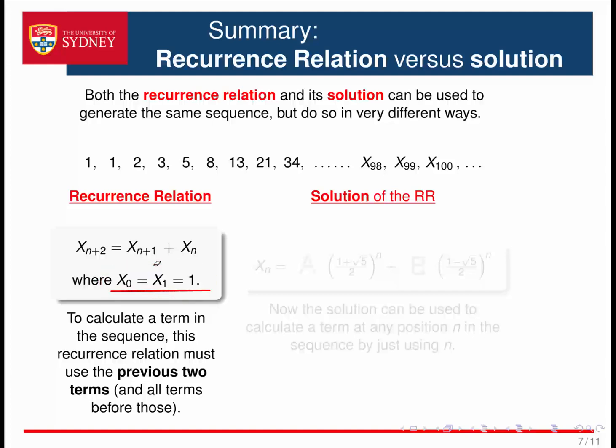Then using the recurrence relation, x2 will be x1 plus x0, which is 2. x3 will be x2 plus x1, that is 2 plus 1, which is 3. And x4 will be 3 plus 2, which is 5, and so on.